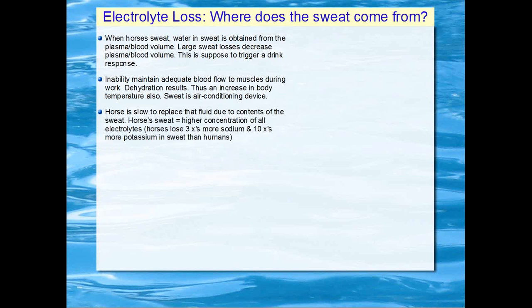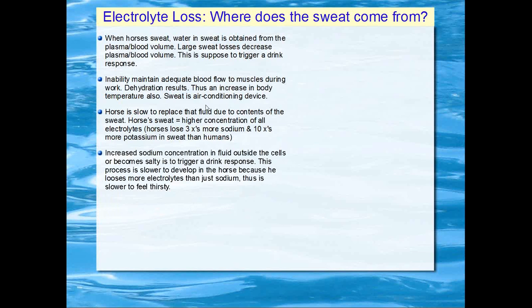Horses are slow to replace fluid, and that is due to the content of their sweat. Horses' sweat is higher in concentration of all of the electrolytes. It's losing those 5 that we talked about earlier. Horses actually lose 3 times more sodium and 10 times more potassium in their sweat than we do.